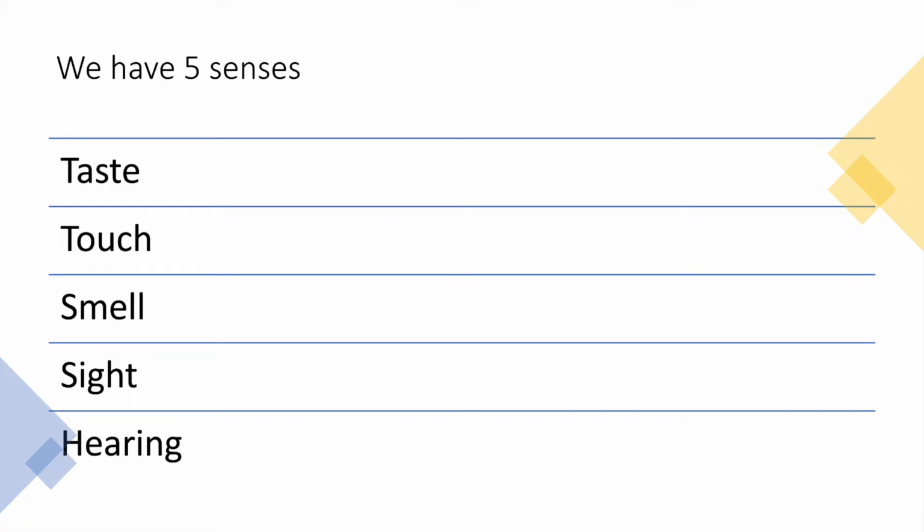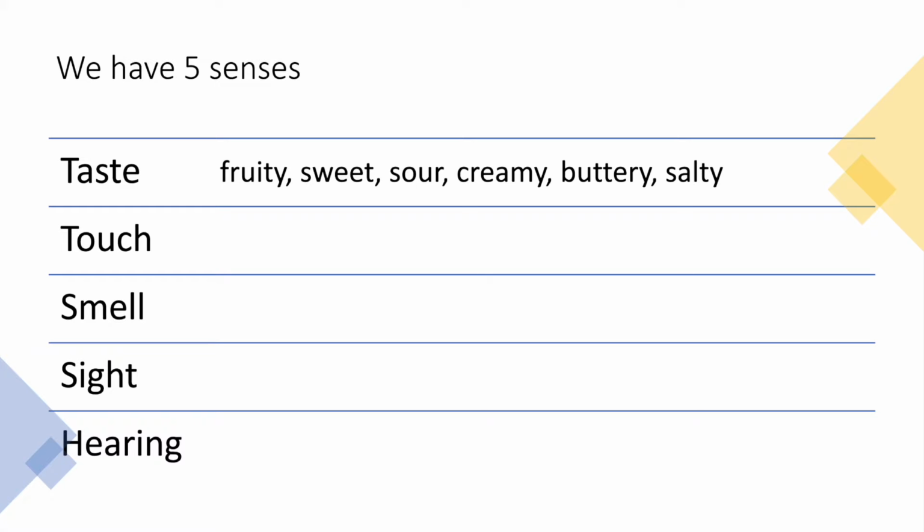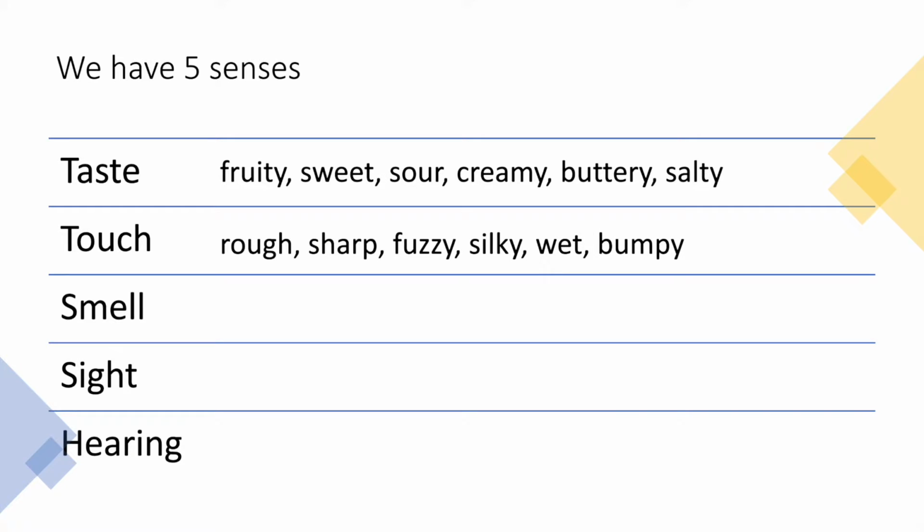We do have five senses. If you forgot what they are, most people have senses of taste, touch, smell, sight, and hearing. Some words we might use to describe taste would be fruity, sweet, sour, creamy, buttery, salty. Some things we might use to describe touch would be rough, sharp, fuzzy, silky, wet, or bumpy.